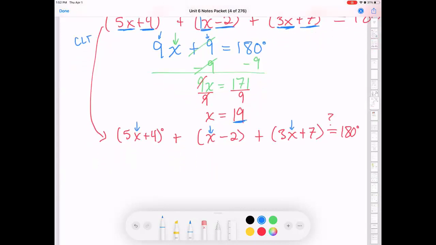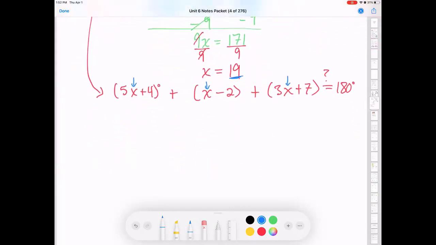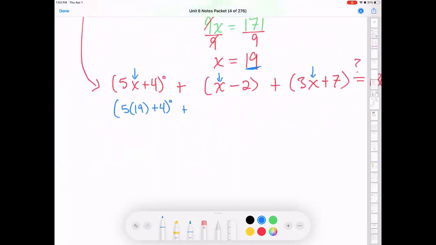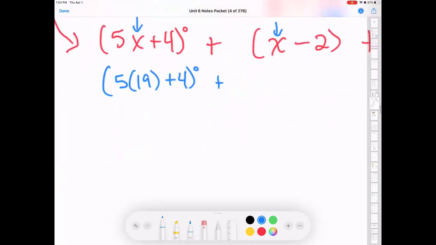And when we do that for the first one, we end up with 5 times 19 plus 4 degrees. We'll focus on just this first one for a moment. So 5 times 19 is going to give us 95 plus 4, which gives us then a total of 99 degrees.